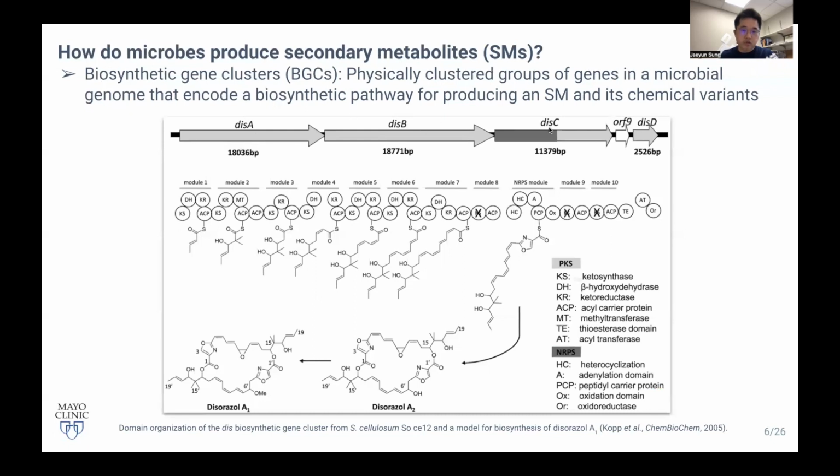So each of these codes for mega enzymes. And what I mean by mega enzymes is enzymes that each catalyze multiple reactions. So this small molecule here is taken across this assembly line of chemical transformations to make disorazole A1. We found all this to be very interesting as it explains the basis of chemically mediated interactions within a microbial community.